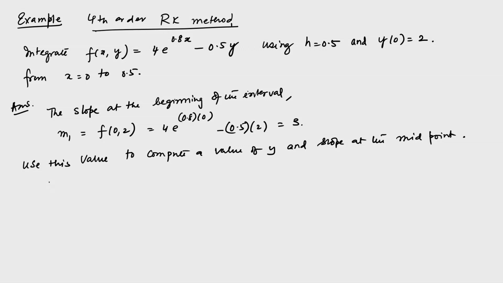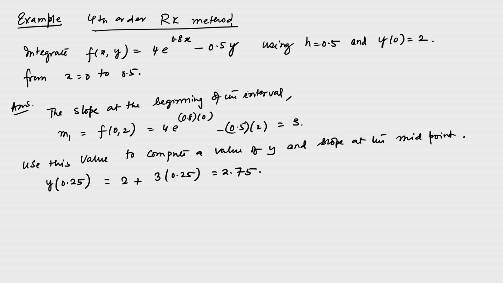All right. So, y at the first interval, because h is equal to 0.5, at the middle of the interval it is 2 plus 3 into 0.25, which is equal to 2.75. Okay. So, this is the value at the midpoint.